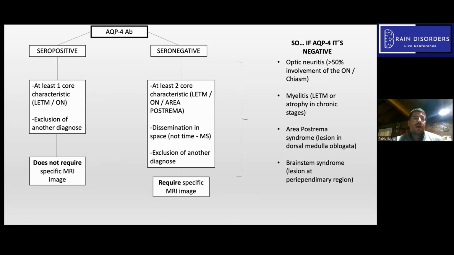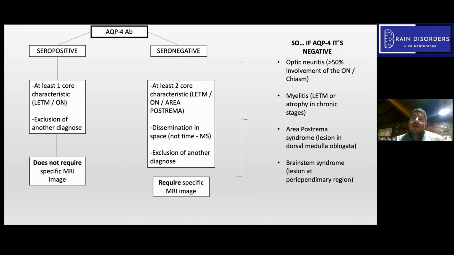But if we have aquaporin-4 negative or not available, it is a seronegative disease, and we have to have at least two core characteristics. Area postrema is one of the core characteristics since 2015. We have to have dissemination in space, but not in time, unlike multiple sclerosis. Exclusion of another diagnosis, like the seropositive, but it does require specific MRI images.